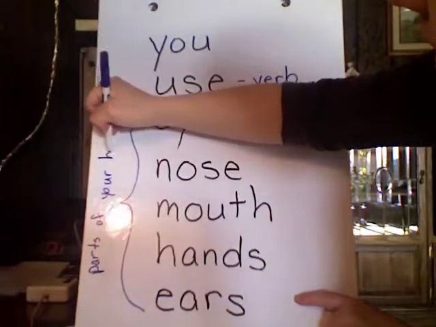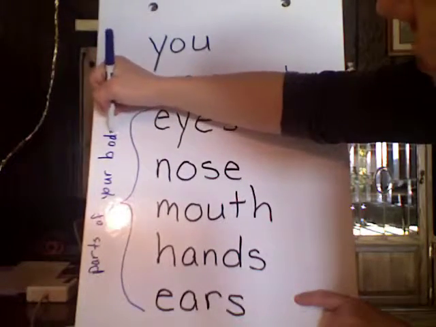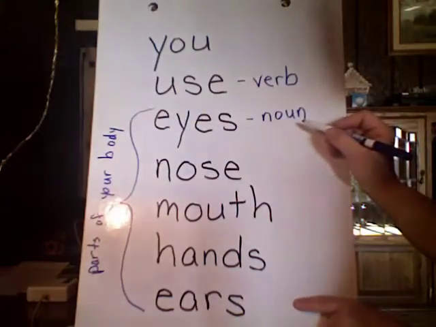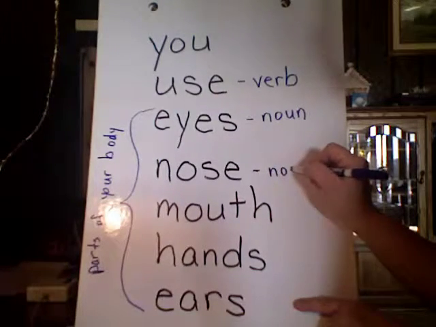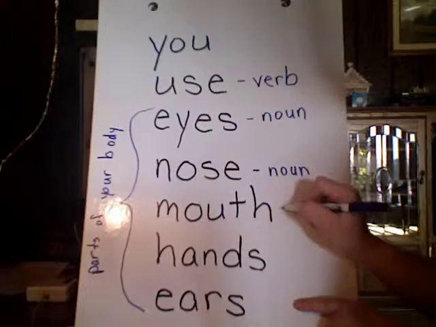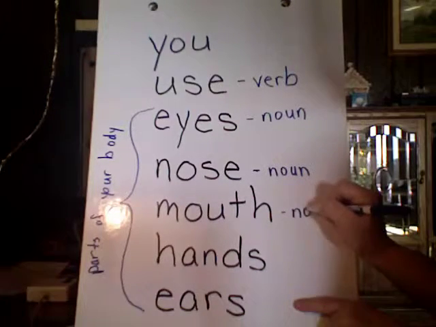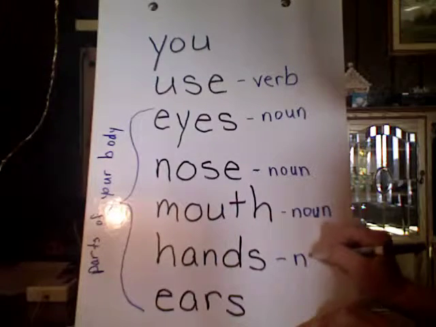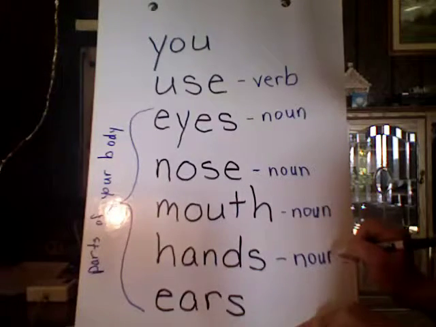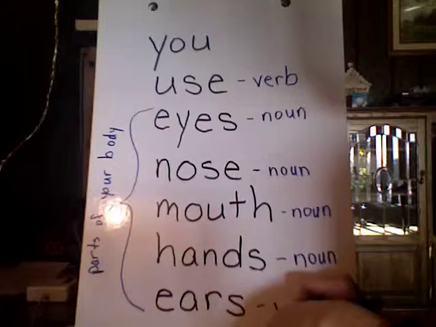They're parts of your body. So guess what? If eyes is a noun, would nose be a naming noun? Yes, it is. Would your mouth be a naming noun? You bet. And so would your hands, and so would your ears.